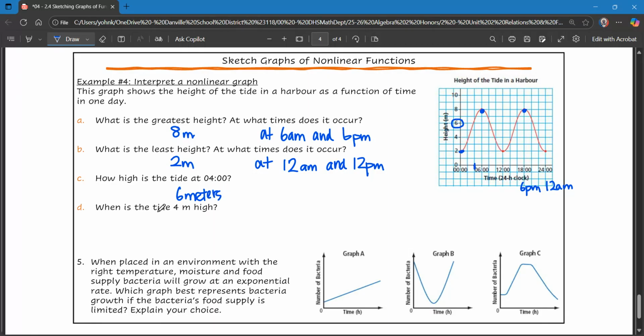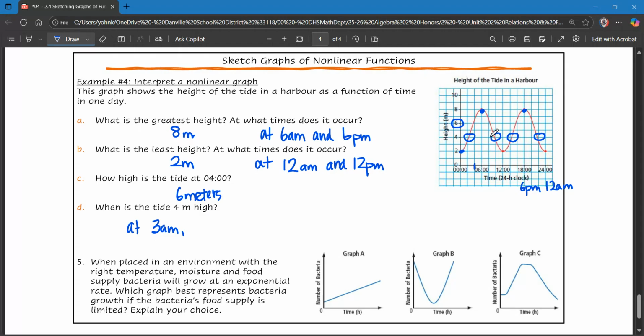And then when is the tide 4 meters high? So 4 meters high would be right here, and right here, and right here, and right here. So let's see, this looks to be about 2, 4, maybe 3 a.m. Let's see, at 3 a.m. And then let's go to this one.